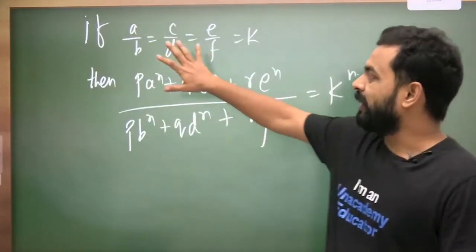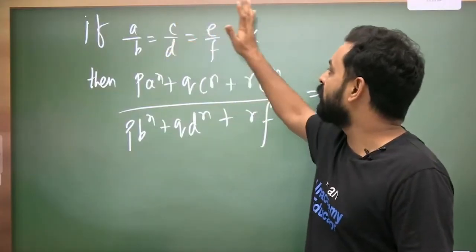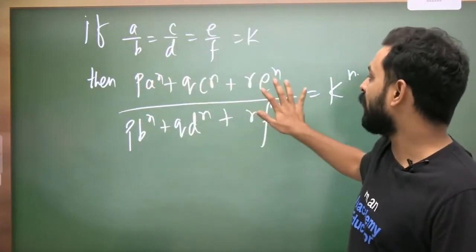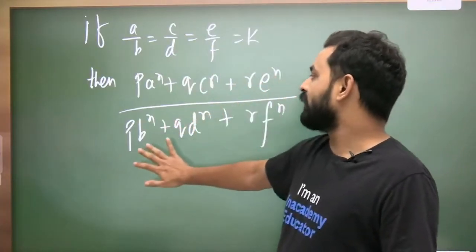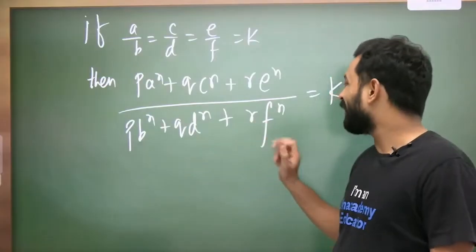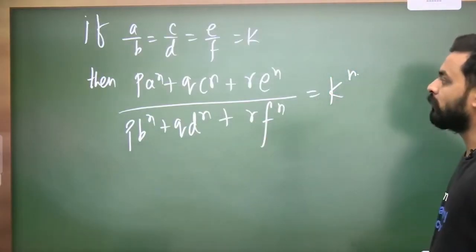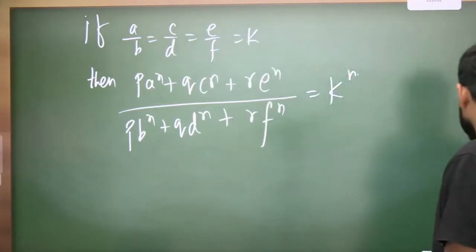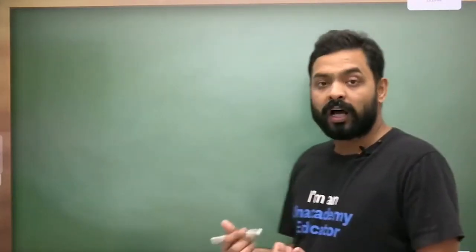And then if a upon b is equal to c upon d is equal to e upon f is equal to k, then p a to the power n plus q c to the power n plus r e to the power n divided by p b to the power n plus q d to the power n plus r f to the power n is also equal to k to the power n, right? We can take some values and we can see for ourselves.